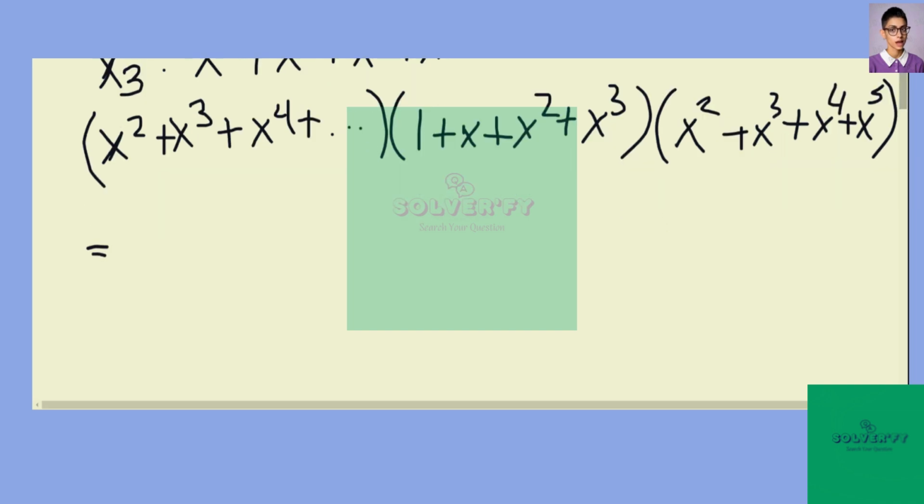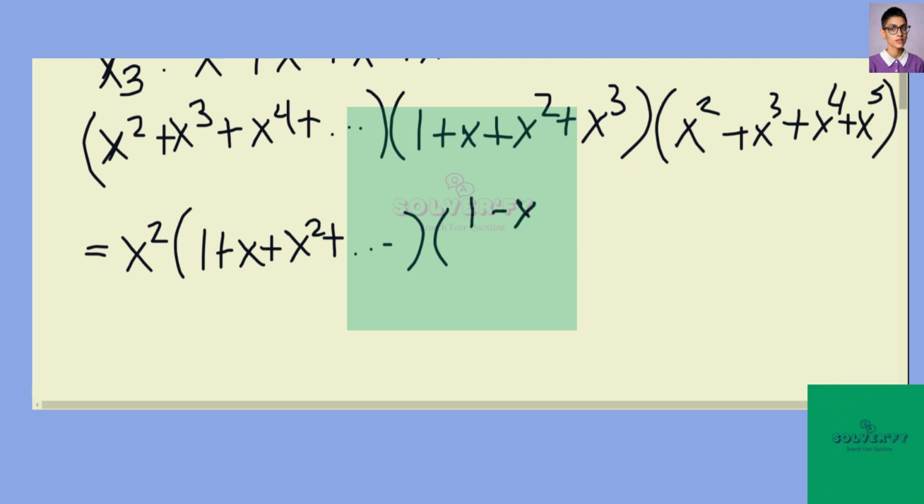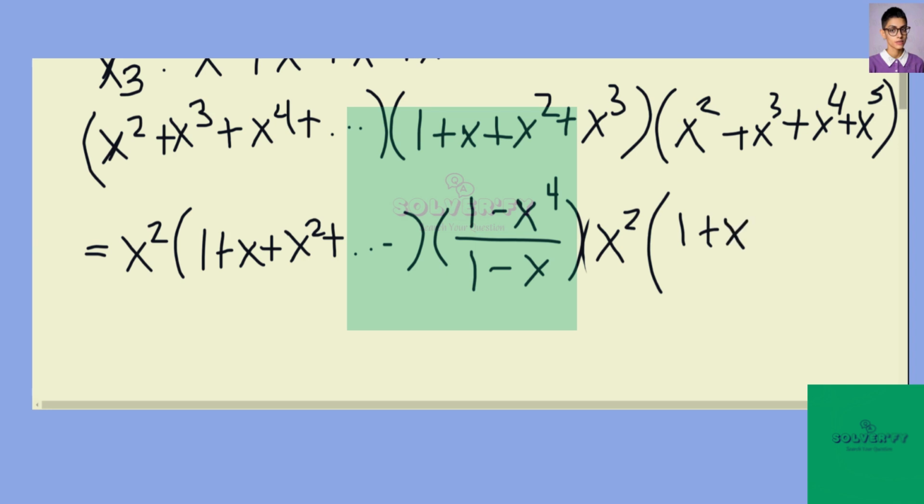And this can be written as x squared times 1 plus x plus x squared and so on, times, you can rewrite this as 1 minus x to the fourth over 1 minus x, times x squared times 1 plus x plus x squared plus x cubed.